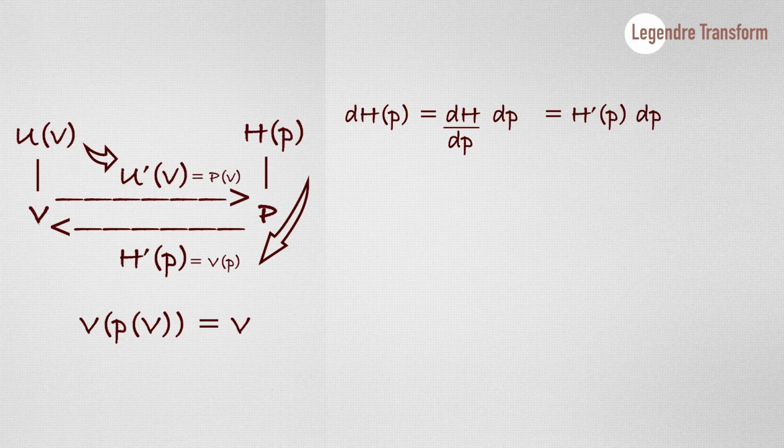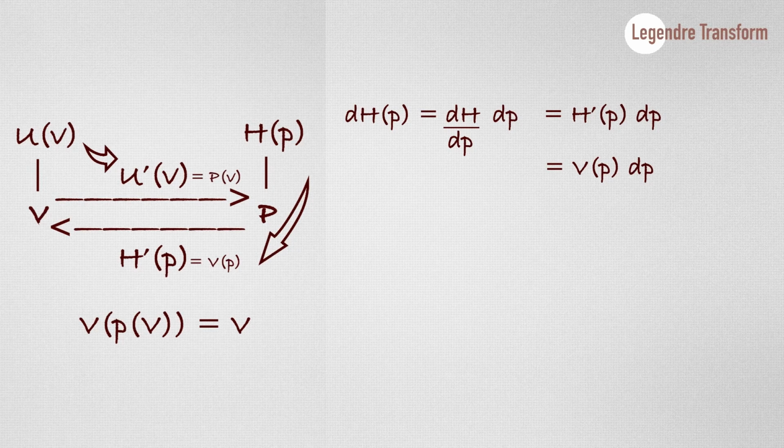But now we also see that we would like h prime of p to be equal to v of p, the volume associated with that pressure. And so therefore, we will say that dh is equal to v of p dp.